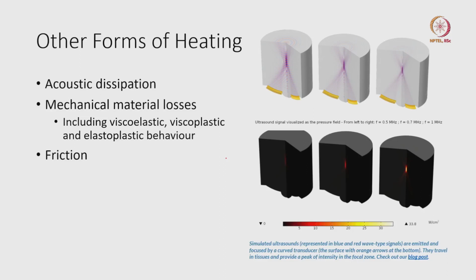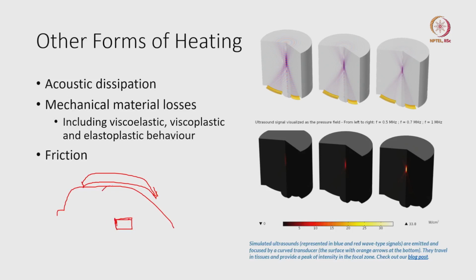Other forms of heating could also be used. For example, you have an ultrasound transducer and you want to image the brain. Okay, you want to do localized brain imaging using the ultrasound transducer, or you want to damage or inhibit a particular localized region of the tissue, which is actually a cancer.